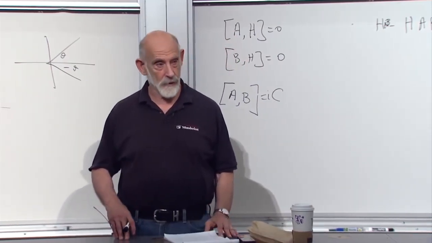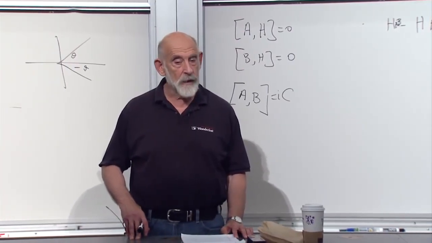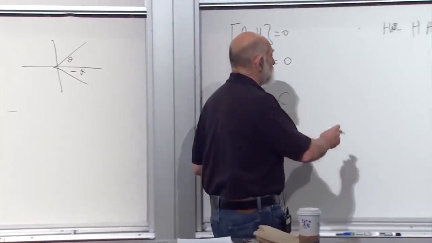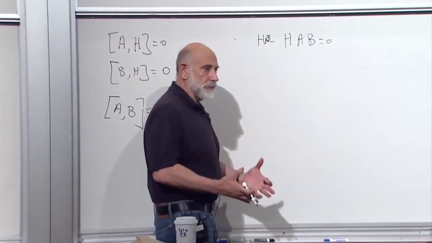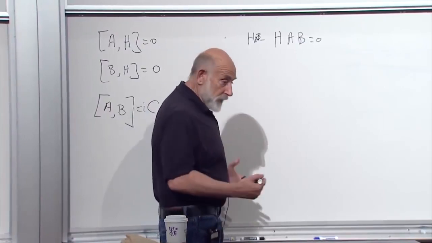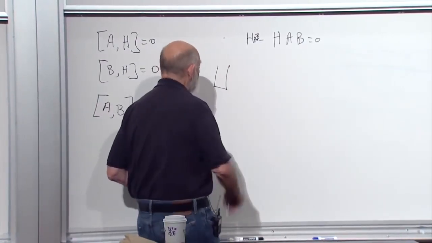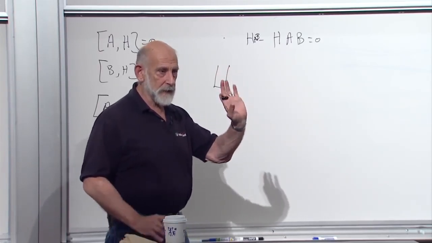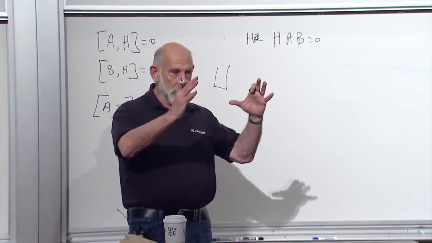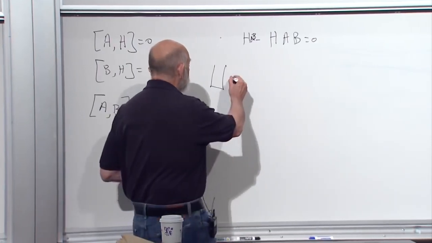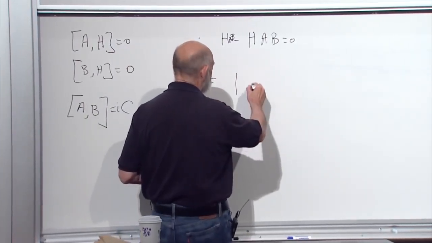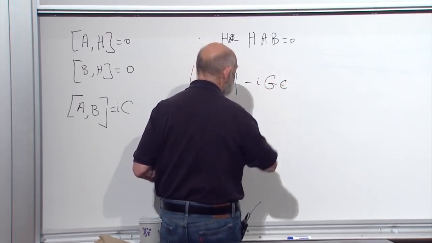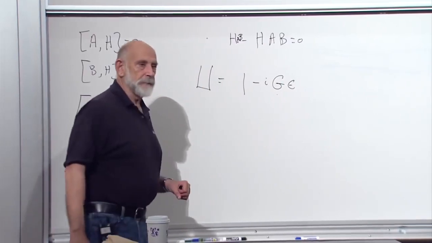What's the fundamental definition of a generator again? A generator of a symmetry is this: if you take the unitary symmetry operations, and you consider the case of a symmetry operation very close to the identity, in the case of rotations, it means a rotation by a very small angle, and you write it in the form 1 minus i g times epsilon, then g is called the generator.